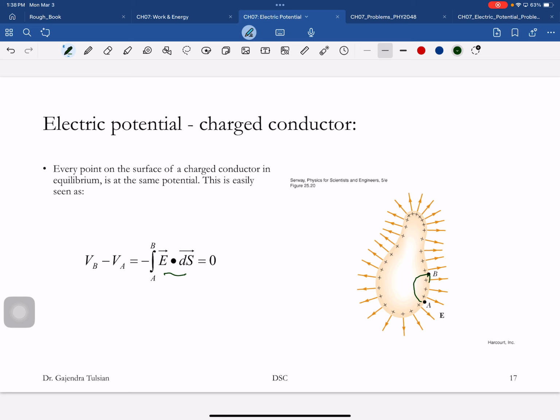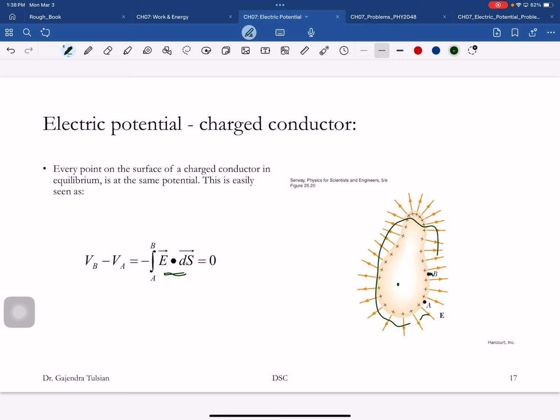Even if you come along the surface, E is there and ds is like that, so it is 0. So this point is at the same potential as that point. So everywhere on the surface of a conductor, the potential is the same. If this point is at 10 volts, everywhere on the surface it's 10 volts.